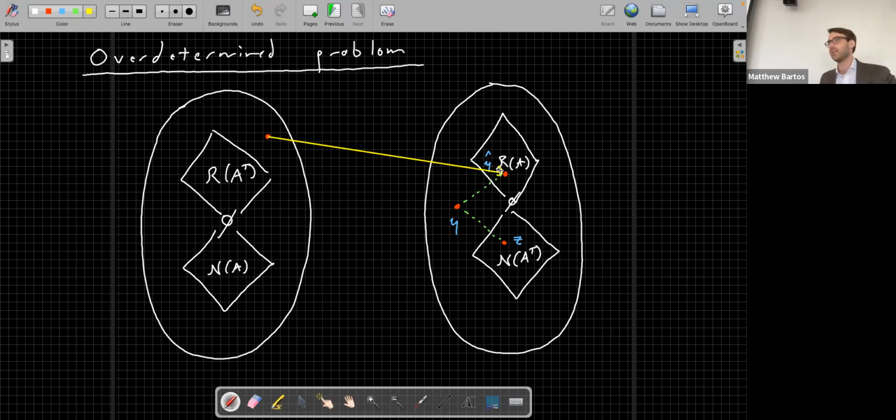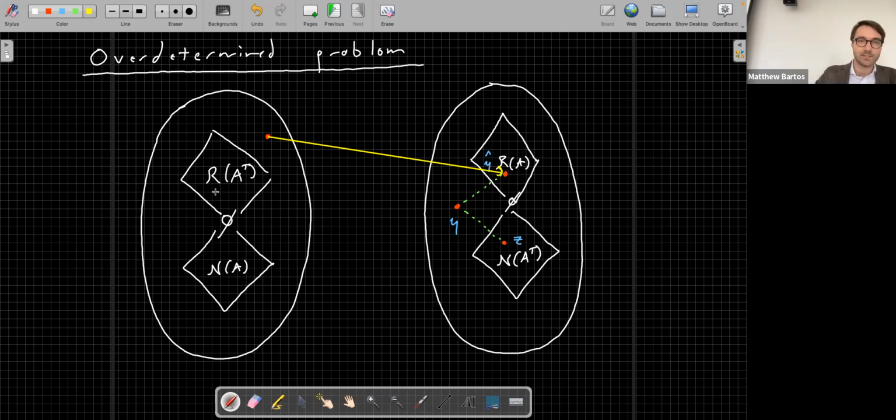Y hat is the orthogonal projection of Y onto the range of A. So in other words, Y hat is the point that is closest to Y, our desired solution, that lies within the range of A. So if we find the projection of Y onto the range of A, that gives us Y hat, which is essentially the closest we can get to our desired solution.